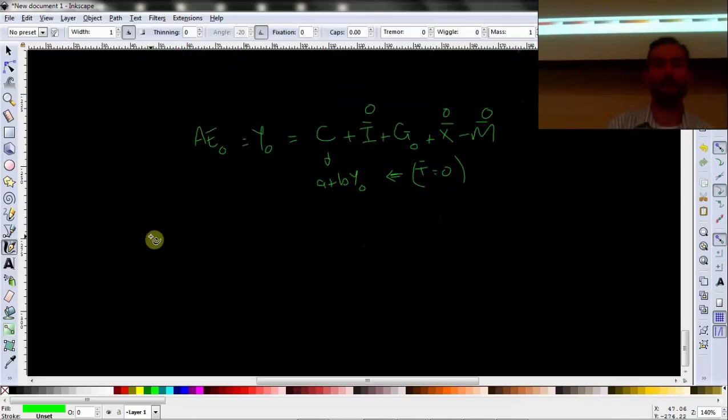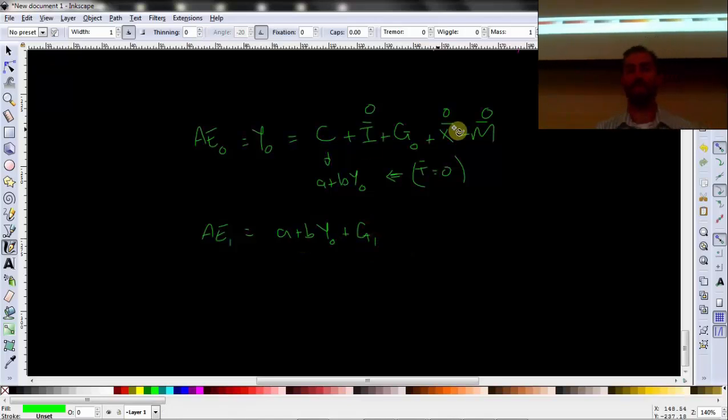Then we had a new level of aggregate expenditure, which I called AE1. AE1 was equal to A plus B Y0, we're still producing output Y0, plus G1, and the rest of that stuff we're just making zeros. What we know at this point is that this is greater than Y0.